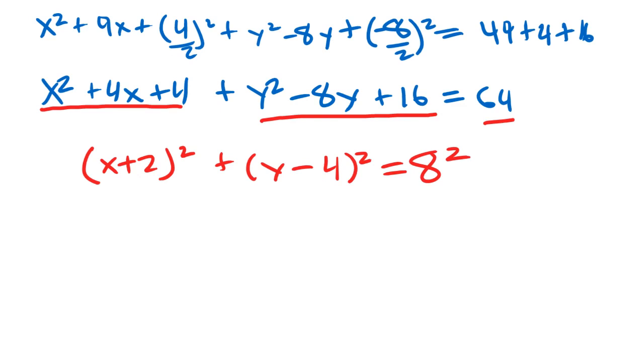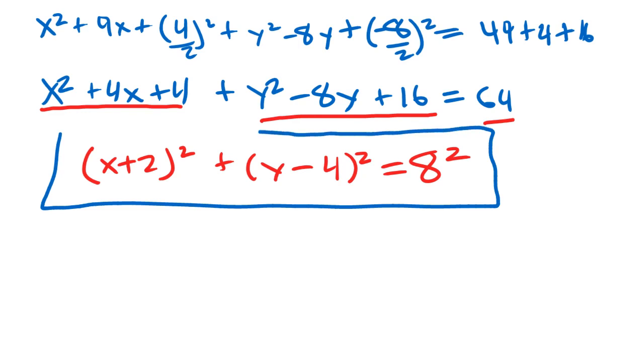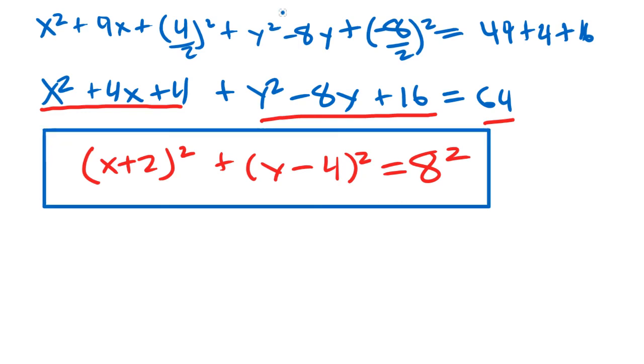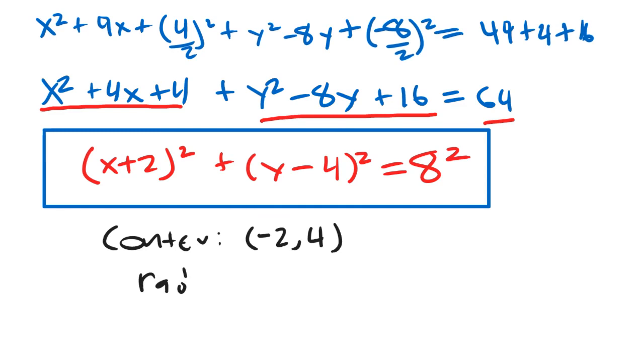So we have our solution, don't we? The equation is indeed a circle, but what else can we say about it? The center is at the ordered pair (-2, 4), and the radius is just 8.